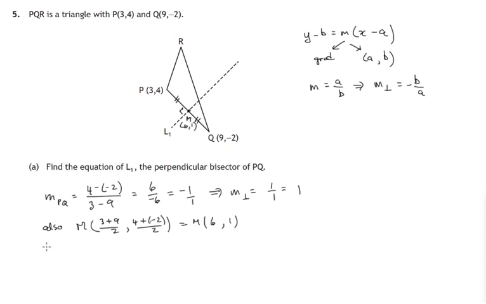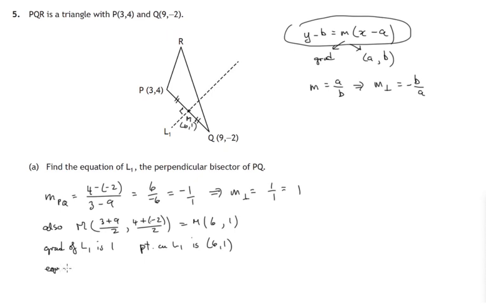So we know various facts now. The gradient of L1 is 1. A point on L1 is (6, 1). So we're in a position where we can now use this y minus b equals m(x minus a) formula to find the equation of L1.